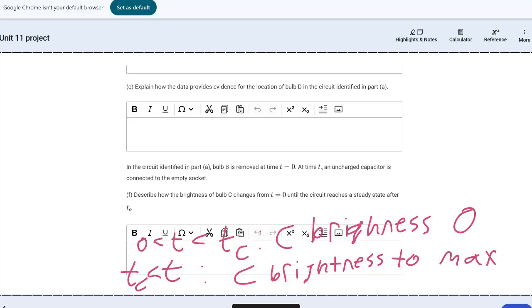And then for a long time after tc, as the capacitor is charged, it's going to start acting like a roadblock and it can't take any more charge, and that's what steady state is.